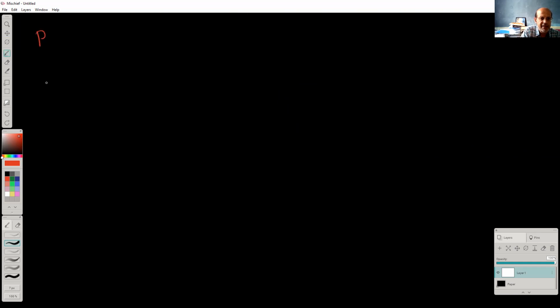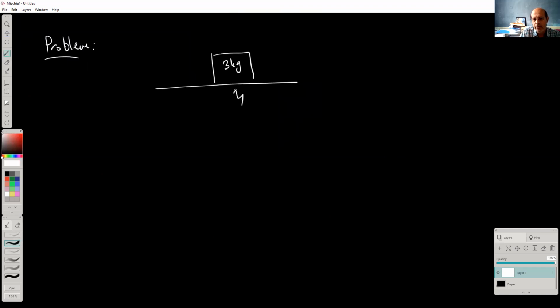I'll start with the simplest problem. Okay. So the problem is this. I have, let's say, a 3 kilogram object in here, no friction. And we are pulling this with a force towards the rightward direction, which is, let's say, just a number like 33 newtons, for example.